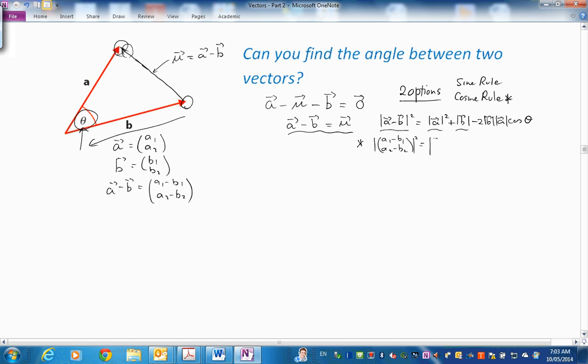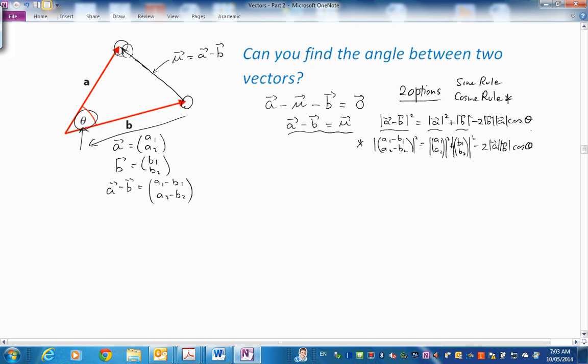This is the length of (a1, a2) squared. The length of (b1, b2), oops, left out the square up there, squared. And we'll just leave this at the end here for the minute. You'll see why later.